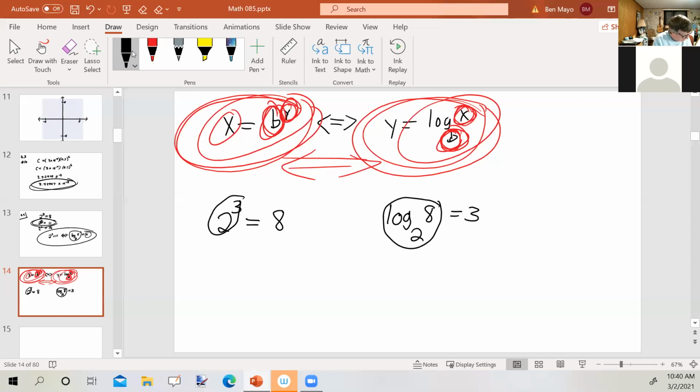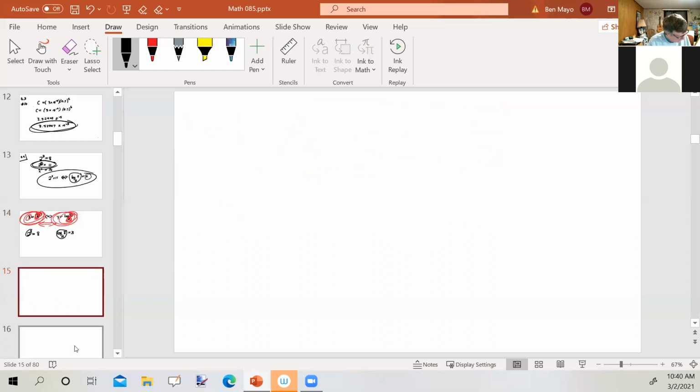All right, so we're going to practice this whole idea of changing a logarithmic equation to an exponential equation, or changing an exponential equation to a logarithmic equation. Let's take a look at this first one. Log base 3 of 81 equals 4.